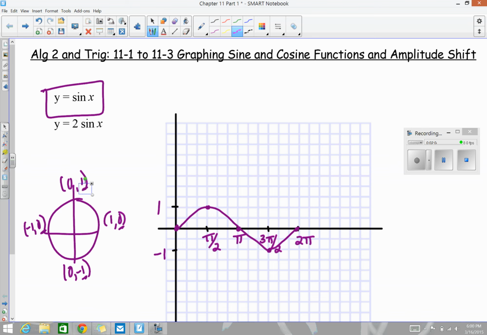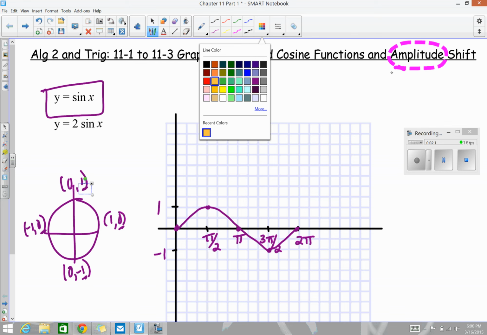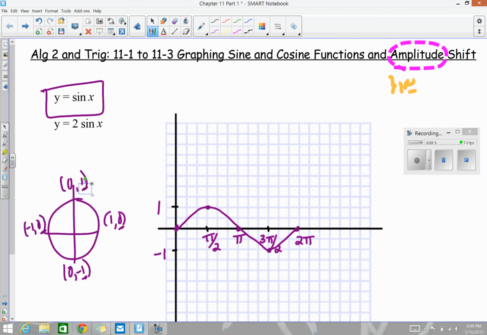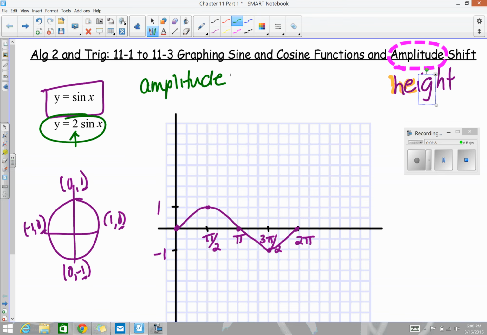Now let's talk about if we change the amplitude. Okay, amplitude is the height. So let's look at this second graph. Basically what this tells us is the amplitude is 2, which means the height changes from 1 and negative 1 to 2 and negative 2.